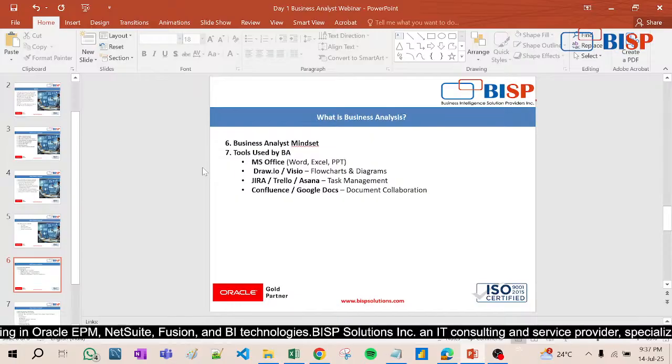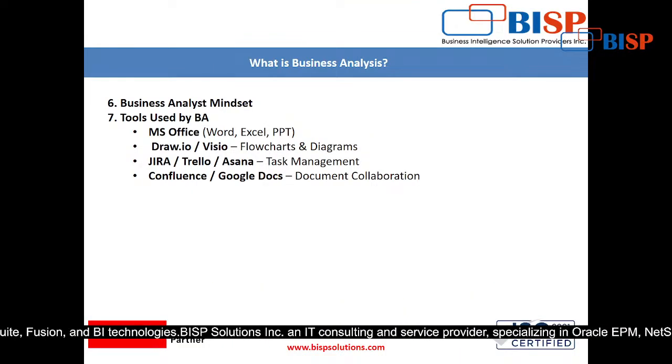Okay, now let's come again to our sixth point, that is business analyst mindset. Now see, what is this business analyst mindset? When we talk about mindset, suppose I am the business analyst and my company has got the software project of digitizing a complete civil engineering office, right?